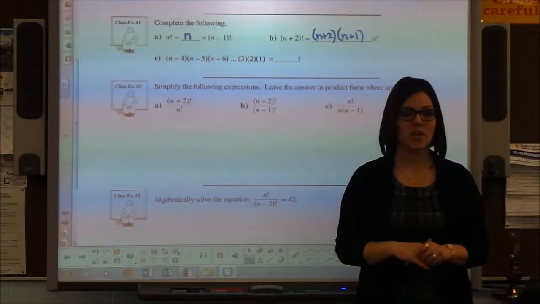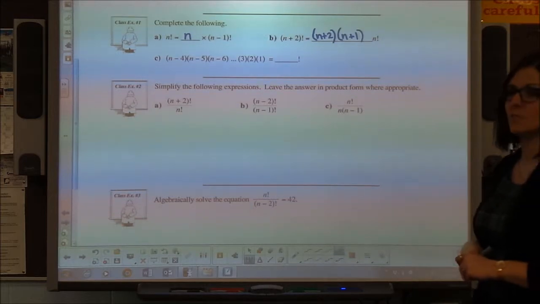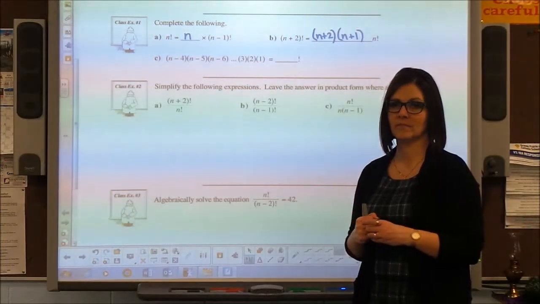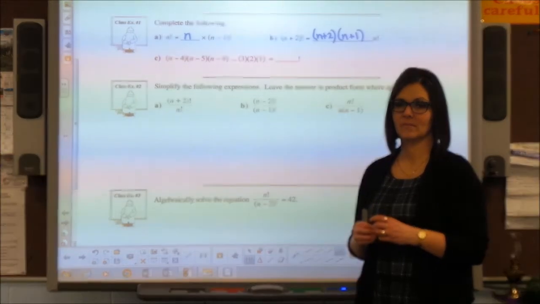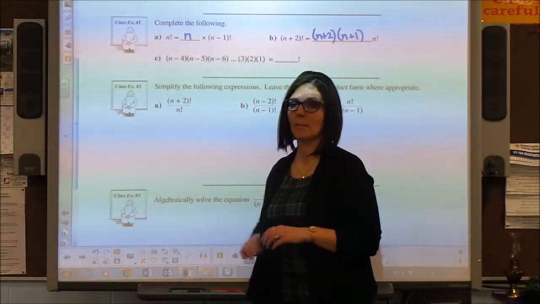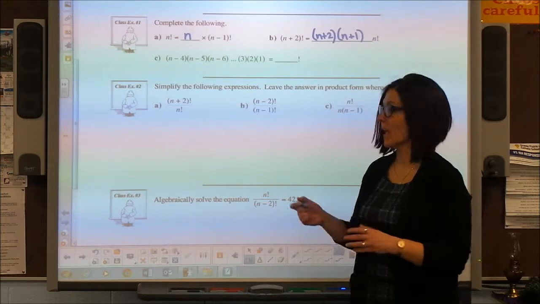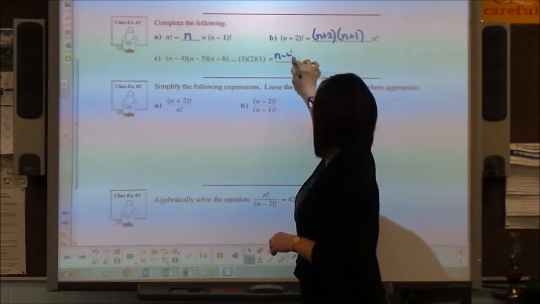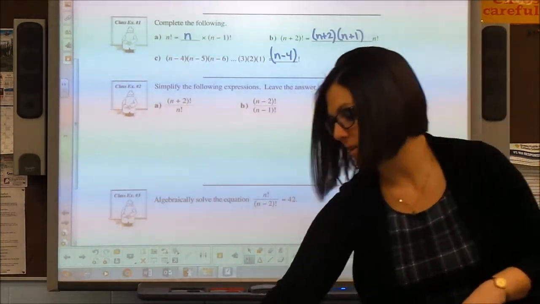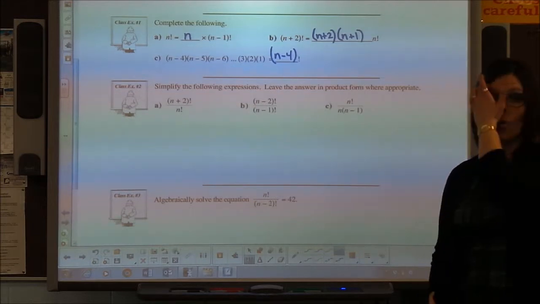So n minus 4 times n minus 5 times n minus 6 down to 3 times 2 times 1. How can I write that as a factorial? So what's the largest number in this string? N minus 4. So I get n minus 4 factorial. And we do put the n minus 4 in brackets simply because we want the factorial to go to the whole factor.